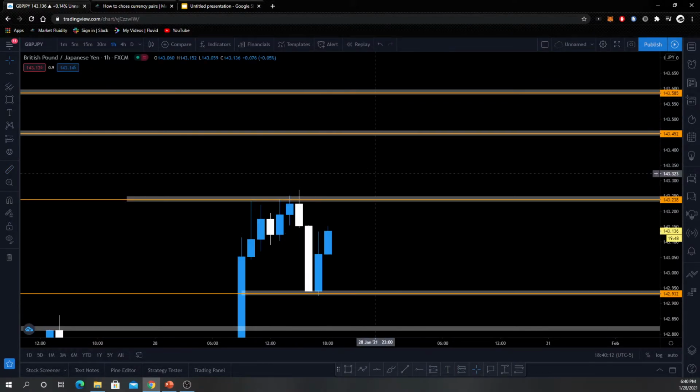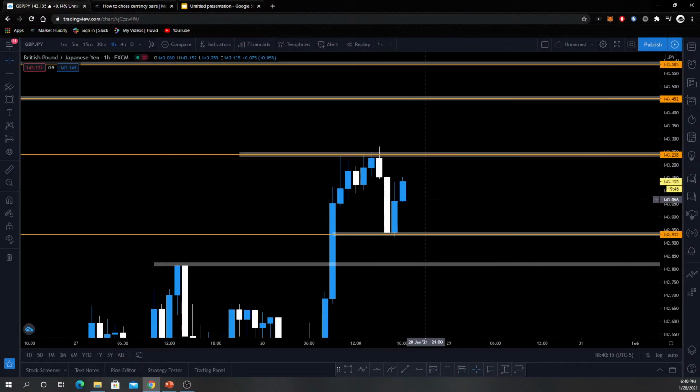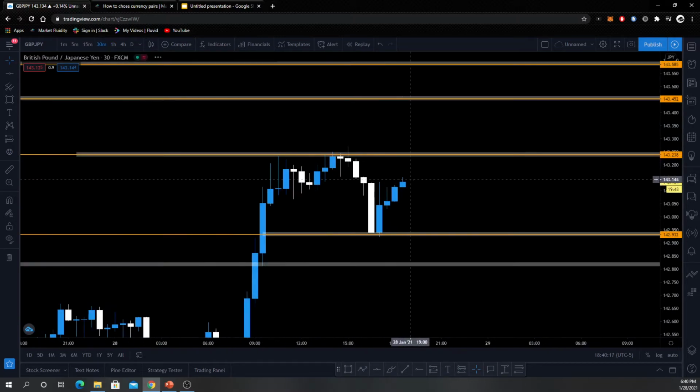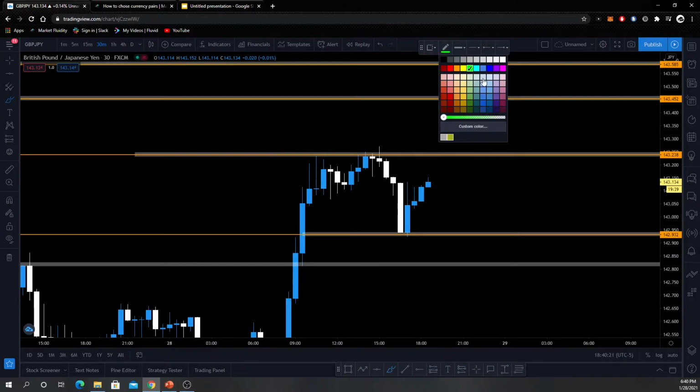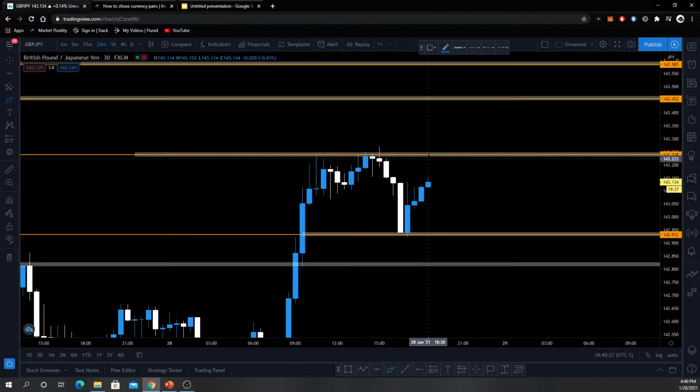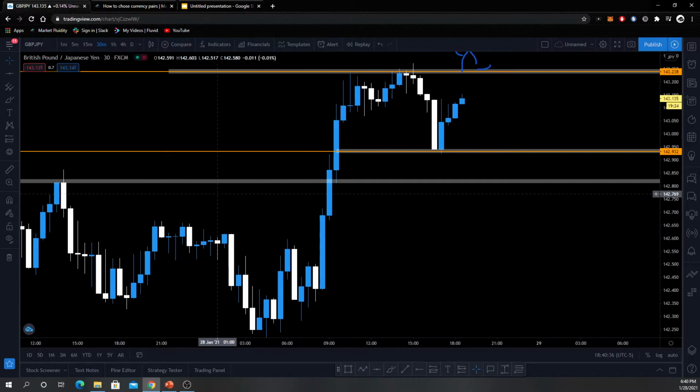Beautiful. So the usual analysis, like always, let's switch it to blue. You would want to get a bullish candle that closes above, like this, and then hopefully get a retracement, unlike what happened here today.